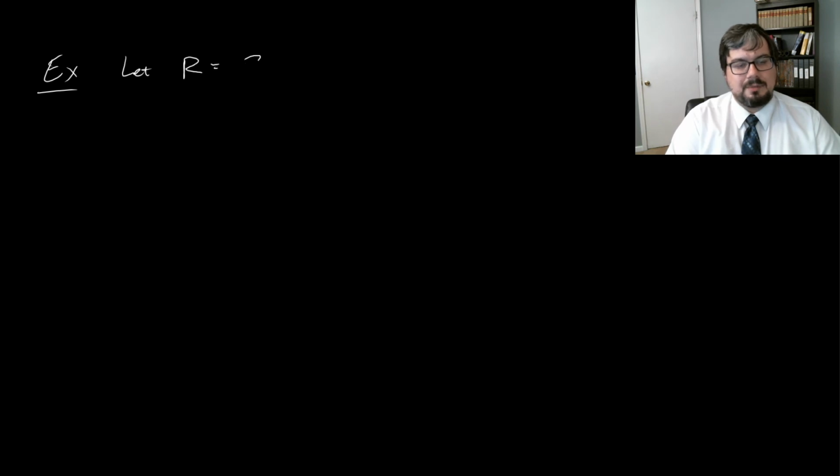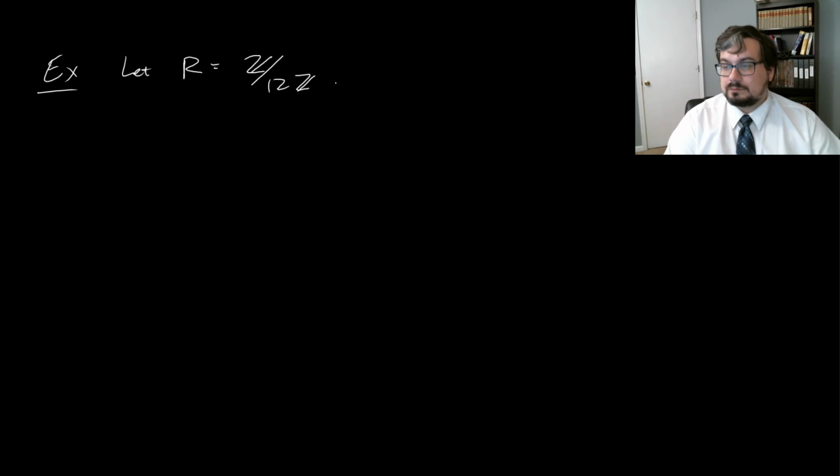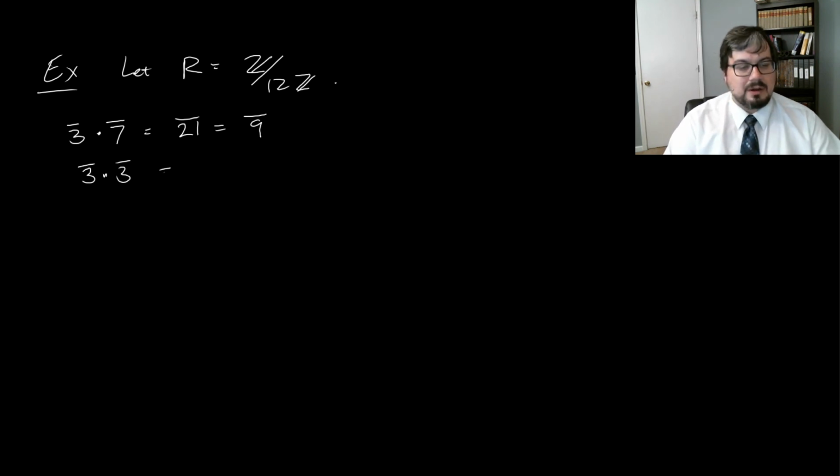Let R be the ring Z mod 12Z. Now, we have that 3 bar times 7 bar is equal to 21 bar, which is the same as 9 bar. Furthermore, we have that 3 bar times 3 bar is equal to 9 bar.